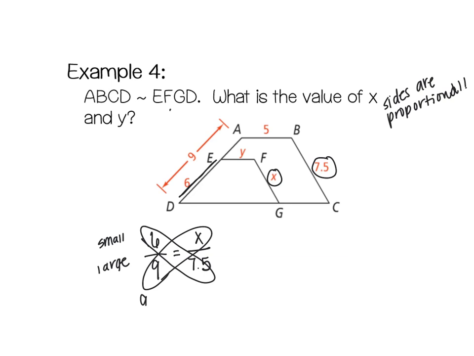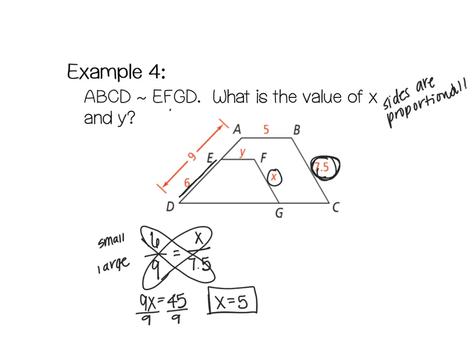So I would do 9 times X, which is 9X, and 6 times 7.5, which is 45. I would divide both sides by 9, and X is 5. And you can kind of think about if that makes sense, because I know that this X is supposed to be smaller than the 7.5 side, so that does make sense.